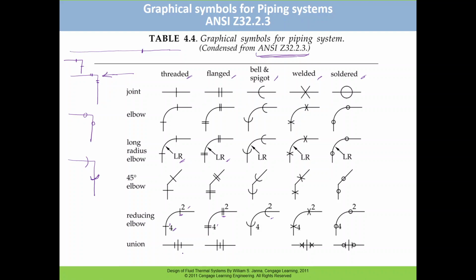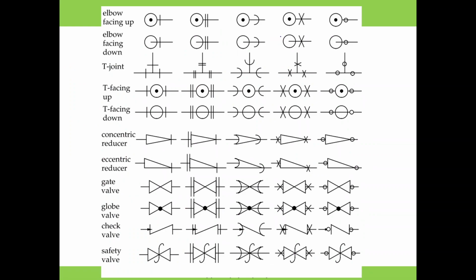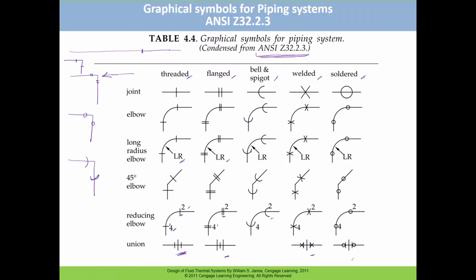And this is the union of two pipes. So with different kinds, this one line indicates threaded, this indicates flanged, and this indicates welded and soldered, and so on. These kinds of graphical symbols are available for almost all kinds of fittings: a 90-degree elbow, a 45-degree elbow, a reducing valve, or union.